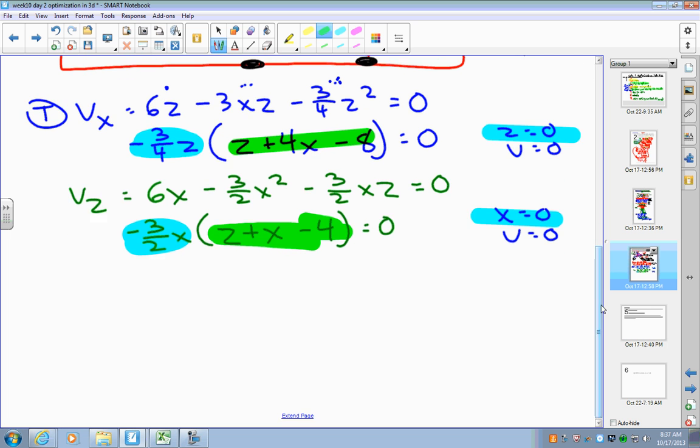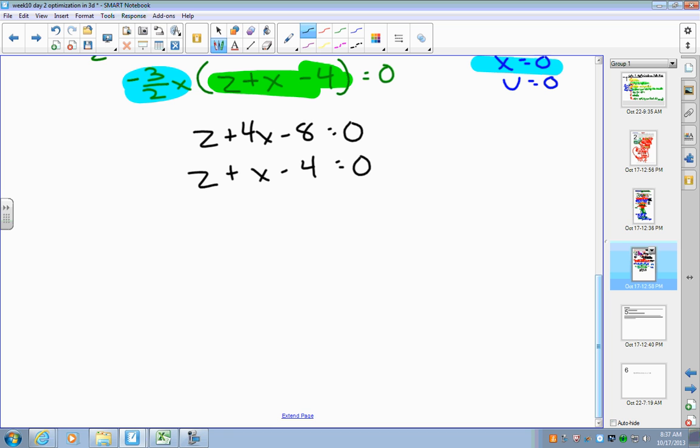So let's line those up. I got z plus 4x minus 8 equals 0. And z plus x minus 4 equaling 0. I'm going to subtract right away because those z's are going to go bye-bye. I get 3x minus 8 minus negative 4 is plus 4.